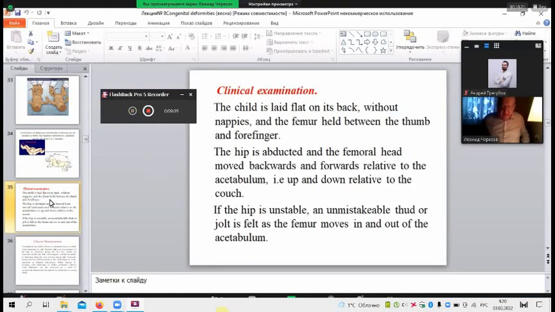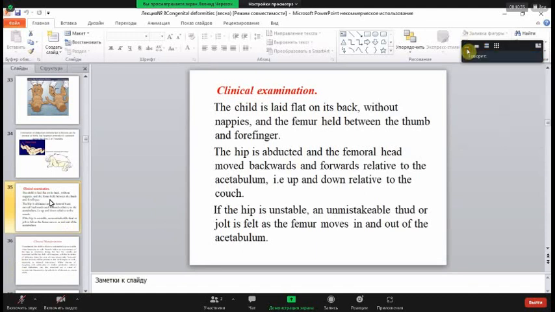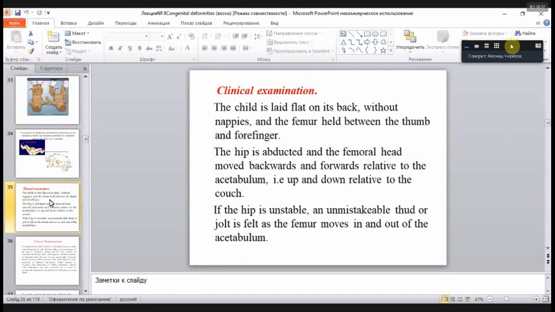With the femur held between the thumb and the forefinger, the hip is abducted and the femoral head moved backwards and forwards relative to the acetabulum, up and down relative to the couch.